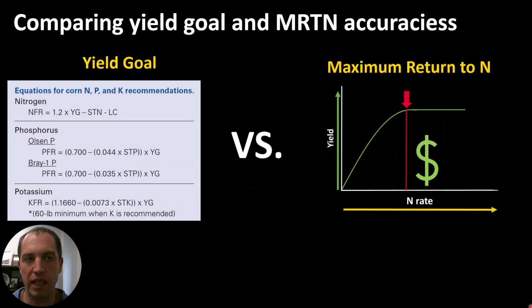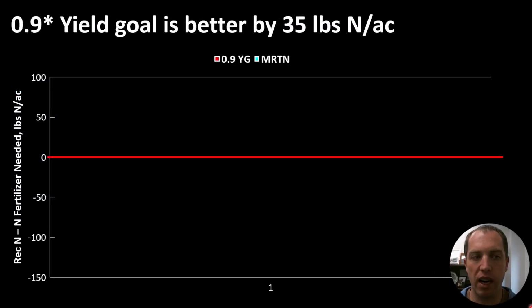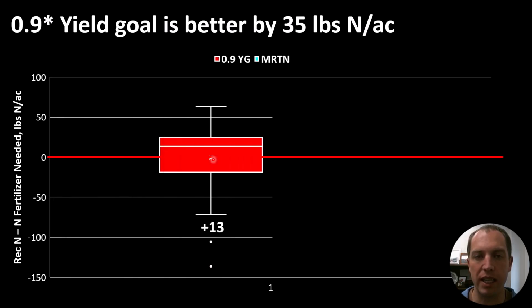So then if we're comparing this yield goal to our maximum return to nitrogen, which one is more accurate, which one gives us the best economics, that's what we're going to look at next. So here, this graph is our recommended nitrogen minus our actual needed fertilizer N. So we really want our values to be as close to this zero line as possible. If we look at our 0.9 yield goal system, we see this box is pretty evenly distributed around zero, with a median of about plus 13 pounds of N per acre.